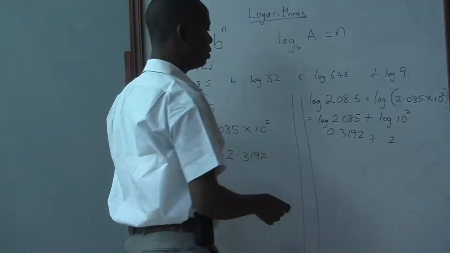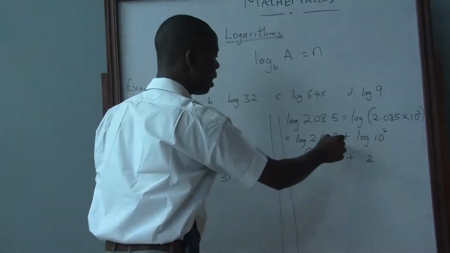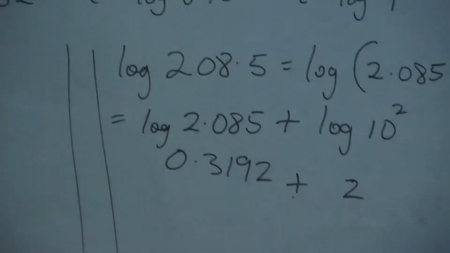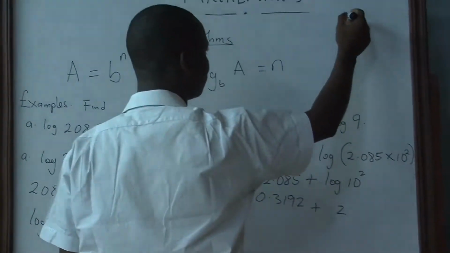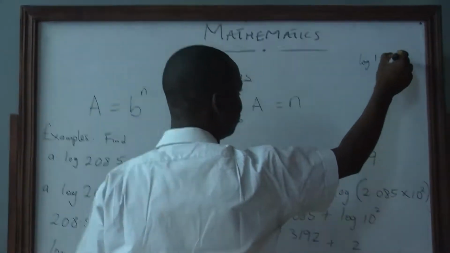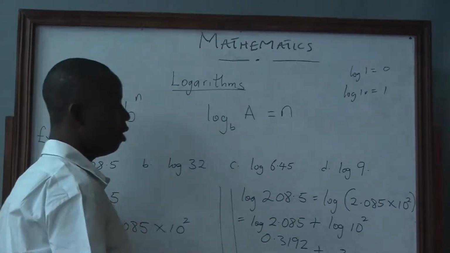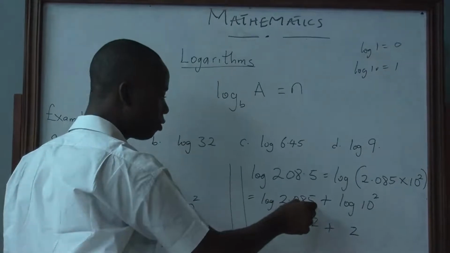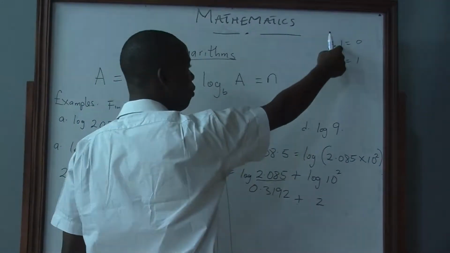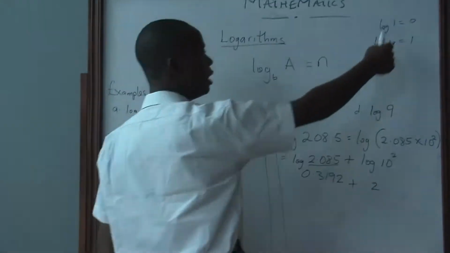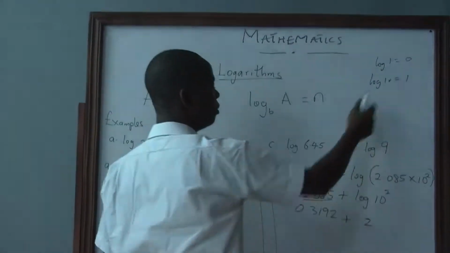Now, let me say this to you: we have reduced this number to a number between 1 and 10. And we know that log 1 equals 0, and log 10 equals 1. So if we have reduced this number to a number between 1 and 10, that means the log of that number will also be a number between 0 and 1.